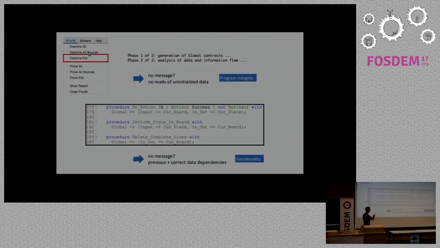So we specify it with this Global contract here, saying that CurBoard should be an input and CurPiece should be an input-output. And we do this for all the API, really easy here. And when the analysis, so re-clicking on examine file, returns without any message, we now know that the implementation of the code respects all these correct data flows in the specification.